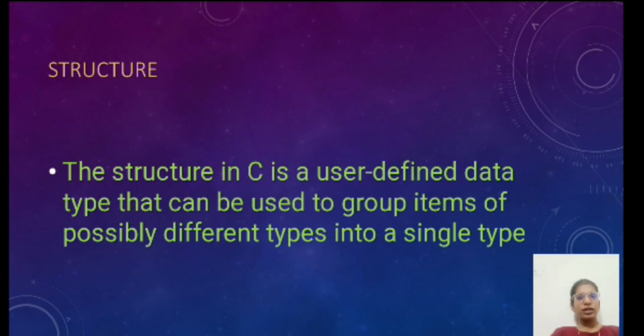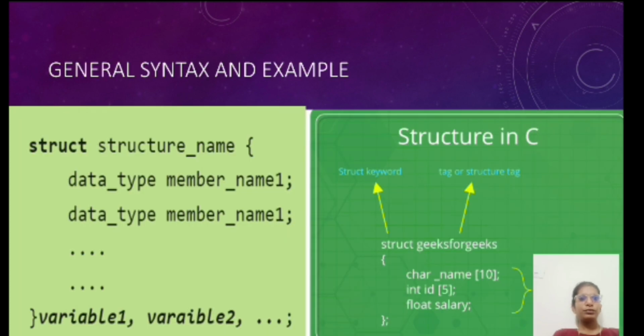Next topic is structures. A structure in C is a user-defined data type that can be used to group items of possibly different data types into a single type. Next, general syntax and example for this: struct is a keyword used to define the structure, followed by the structure name.